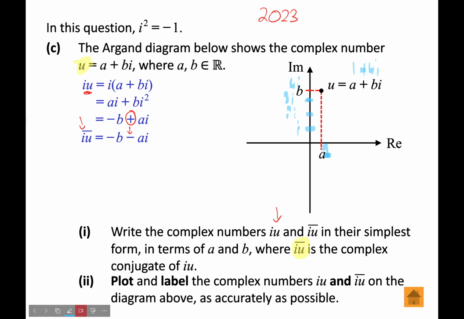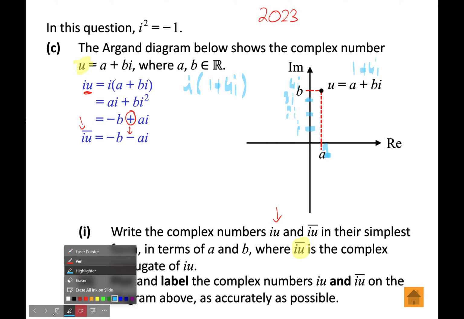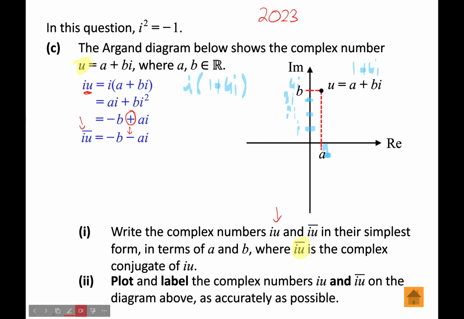So if I think about multiplying that by i, I follow the same process: i times 1 is i, plus 4i squared. i squared is minus 1, minus 1 times 4 would be minus 4. So I get minus 4 plus i.